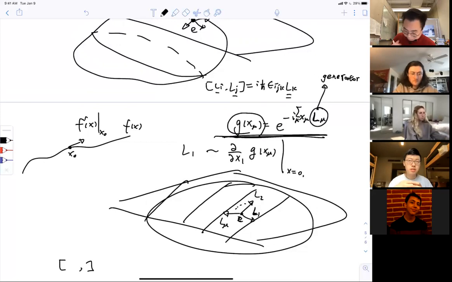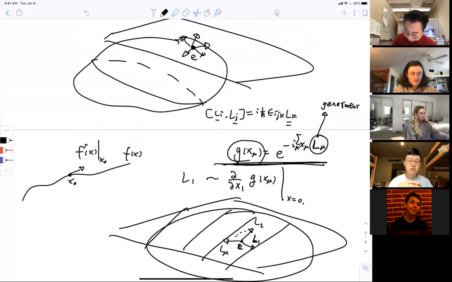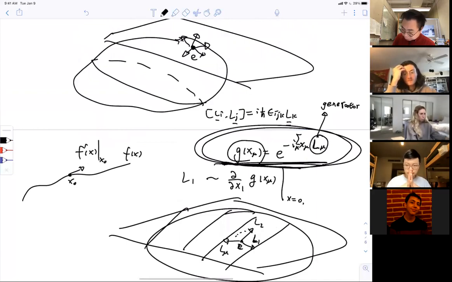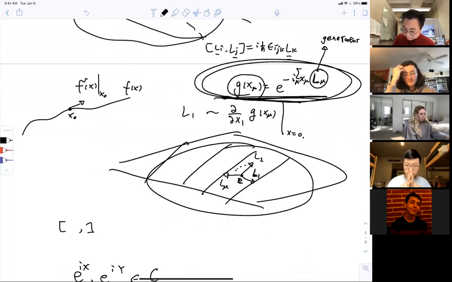Okay. The point is, if we have this kind of expression, very naturally, these generators are the tangent vectors at the identity. And that would give us a vector space, a tangent plane.